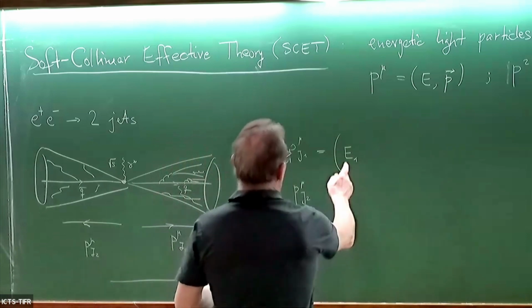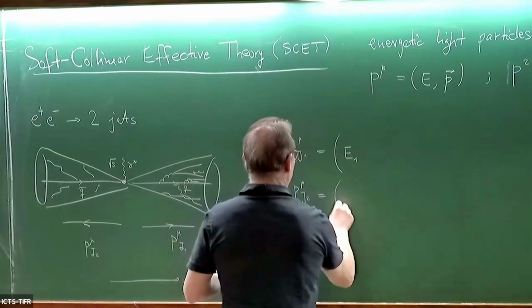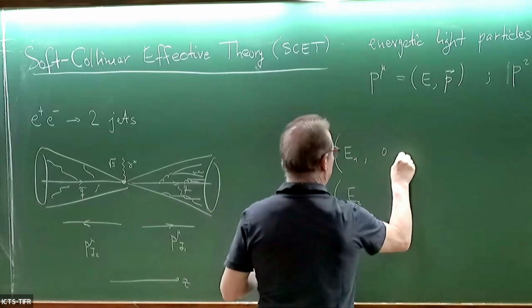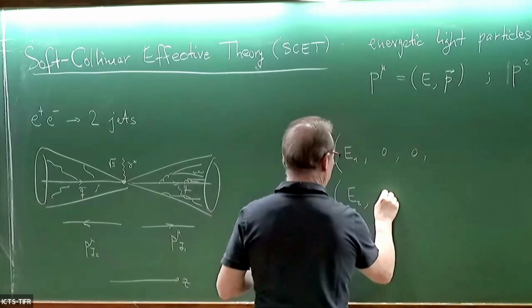So the jet has some energies, E1 and E2. Now I align the z-axis such that in the xy entries we find zeros.